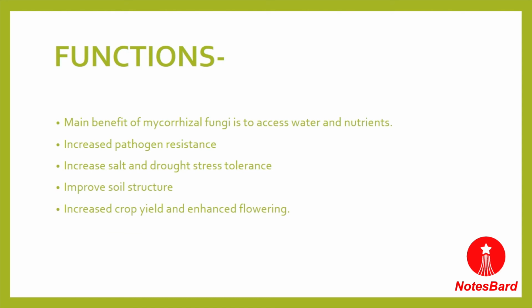Now let's understand the functions of the endomycorrhiza. As we have discussed, it is a symbiotic association between the fungal cell and higher plants. So basically the main benefit of mycorrhizal fungi is to access water and nutrients. There are several plants like pine and different other plant varieties found in xerophytic conditions.